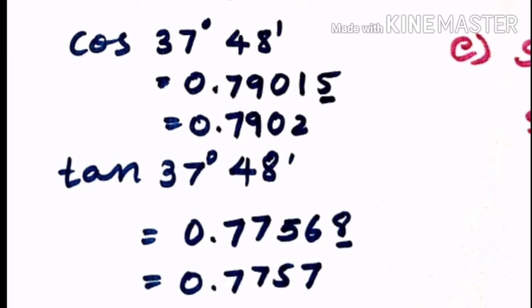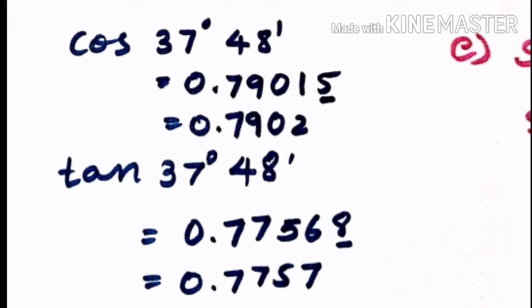Now in the same way, open the tangent table and see the first column, 37 degree, and in the same horizontal row you have to check the 48 minute column. There you will see 0.77568.